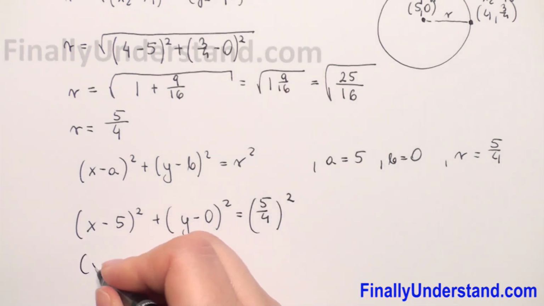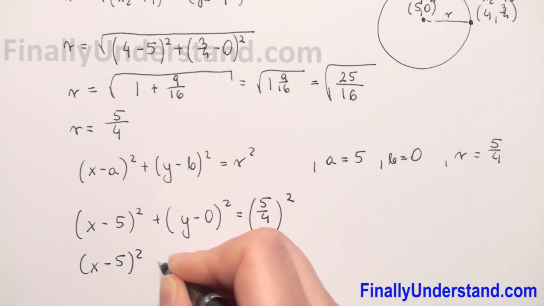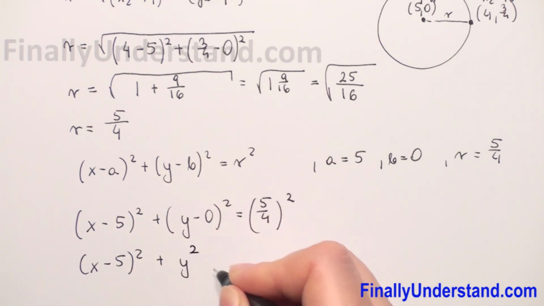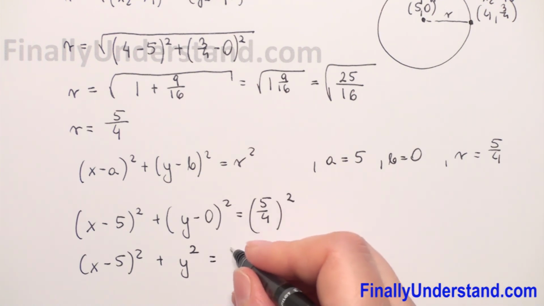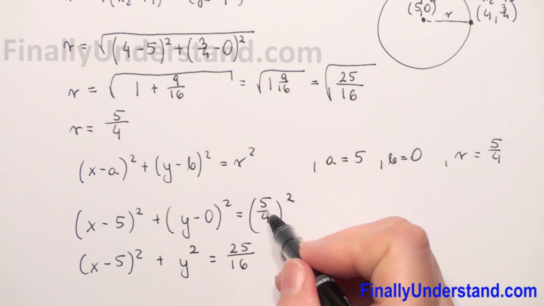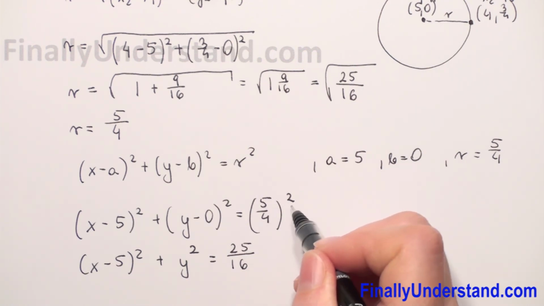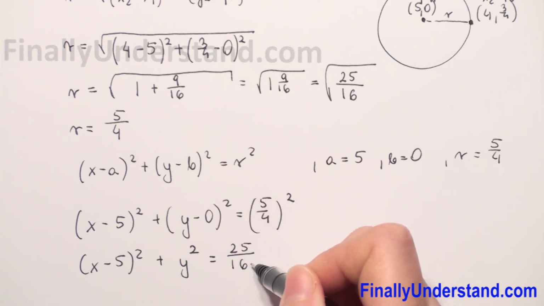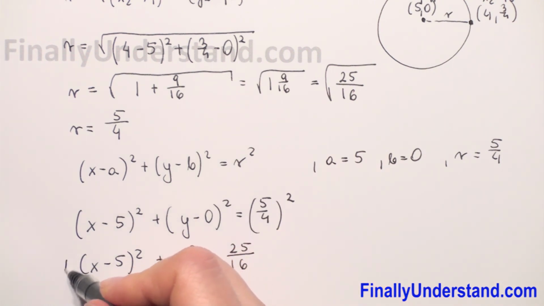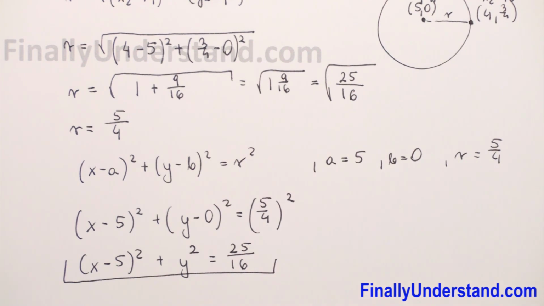So we have (x minus 5) to the second power plus y to the second power, and this is equal to 25/16, because 5 squared is 25 and 4 squared is 16. So this is my solution. This is the equation of the circle.